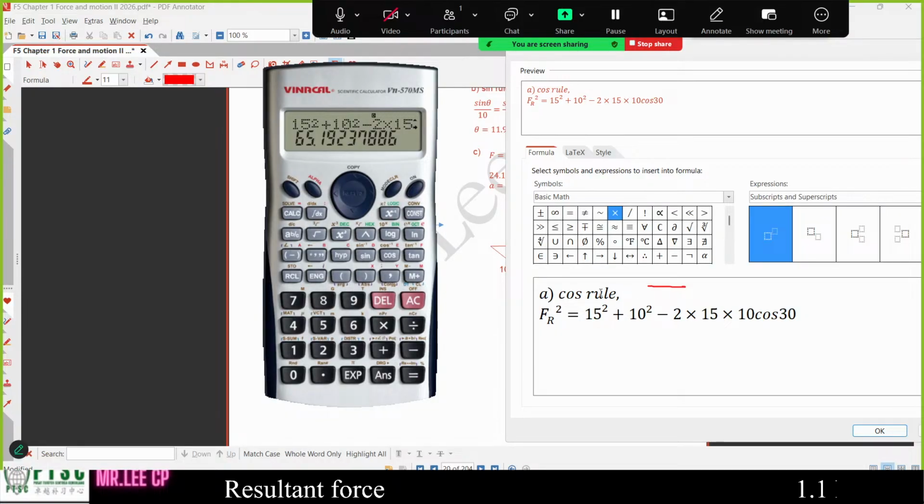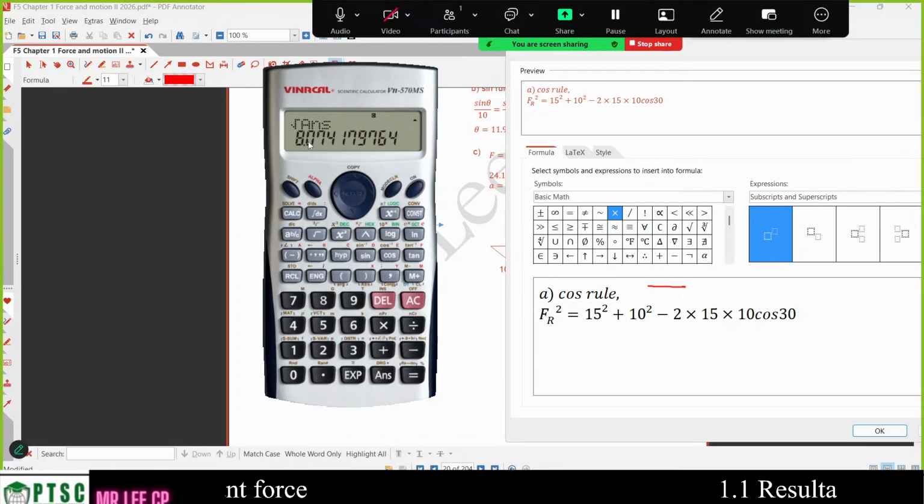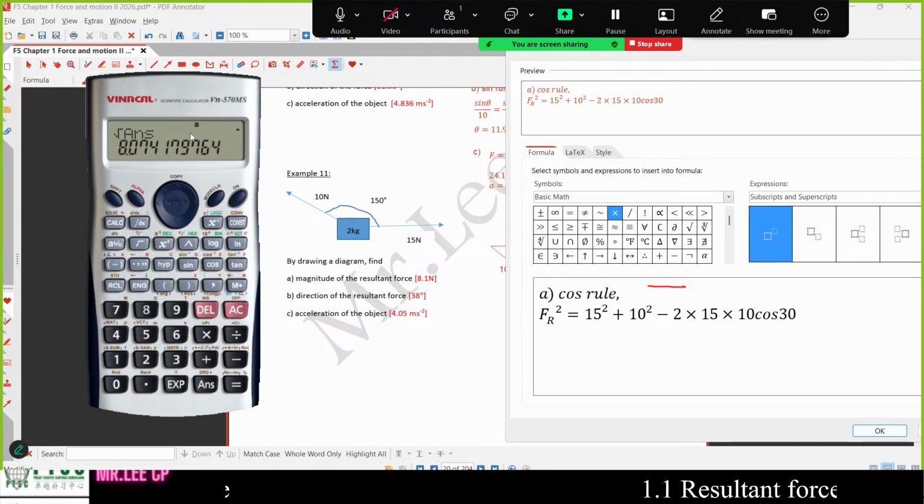Now this one is square, so I want the square root. I want to find FR, at 0.07, so at 0.1 it rounds off. So I put it as 0.074.